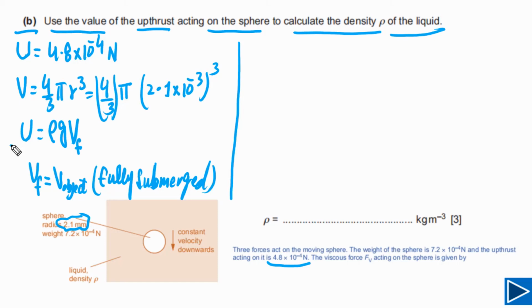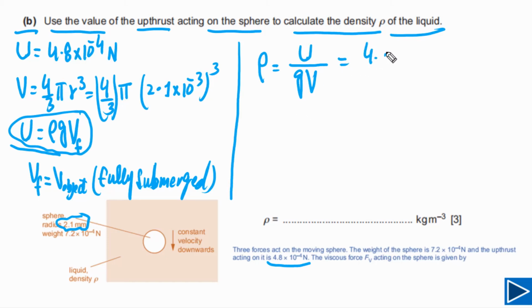So if we rearrange this equation, we can simply write down density of fluid is equal to upthrust divided by g times volume of object. Upthrust, we have the value of upthrust is 4.8 times 10 to negative 4, divided by g, that is equal to 9.81, and we have volume that is equal to 4 over 3 pi r cubed, that is 2.1 times 10 to negative 3 cube of this.